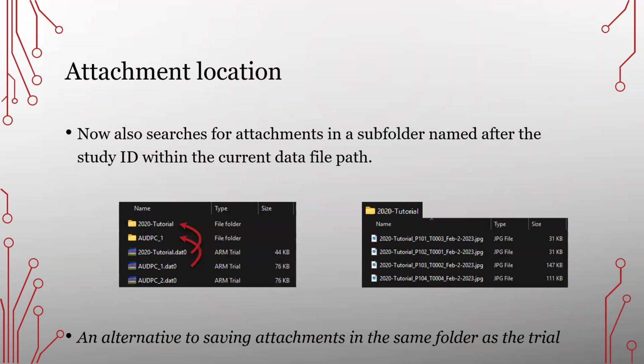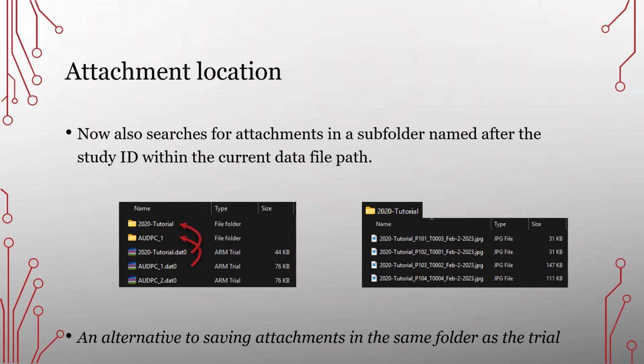In the attachments section, we added a little more checking. So real briefly, when you open a trial that has files attached, ARM remembers the file location. It knows the path to where that attachment was.